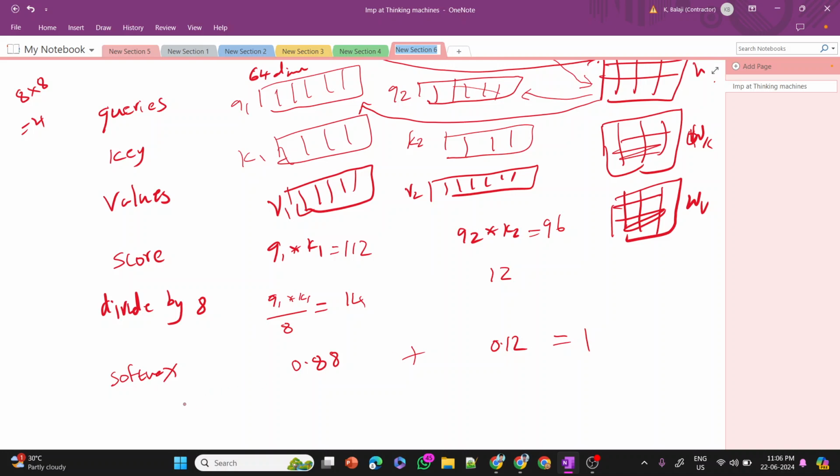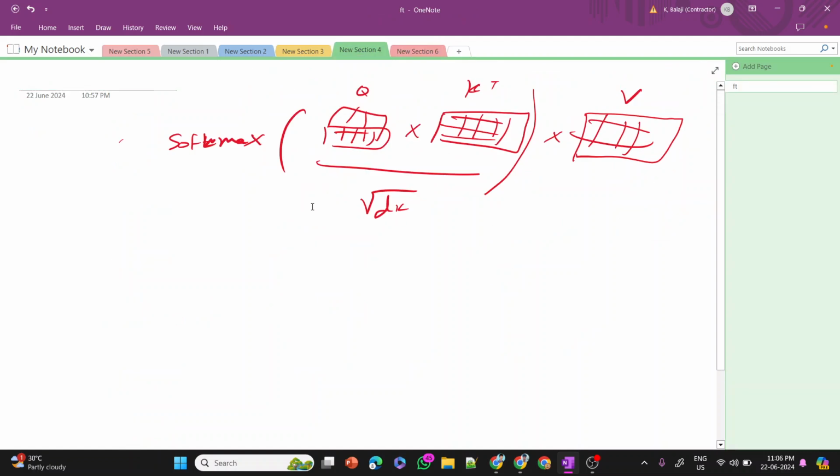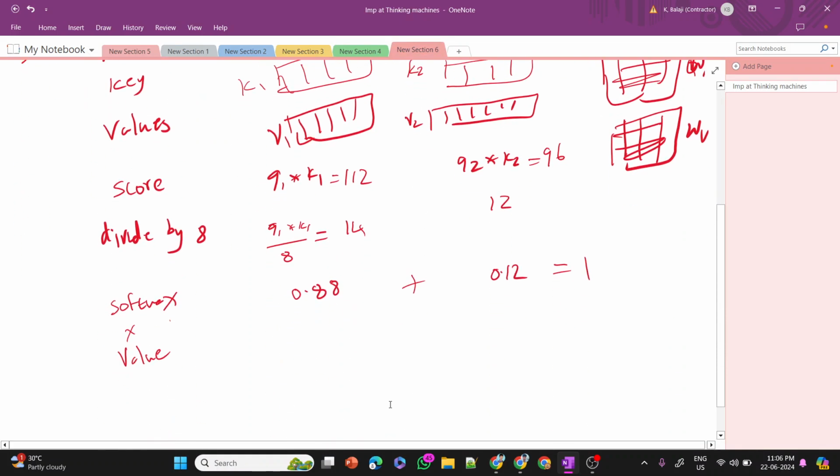And then the softmax output is multiplied with the value. As we already saw, first q1 and k1 are multiplied and divided by a divisor, and then after applying softmax, the values are multiplied, and we get another vector, another vector.